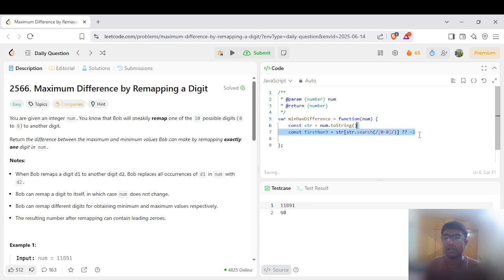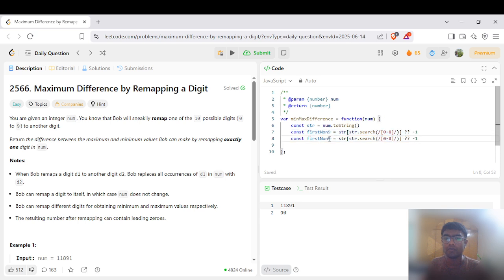Similarly, for finding the minimum value, we replace with 0. This gives us the first non-zero character, so that we can replace it with 0 and find the min value.